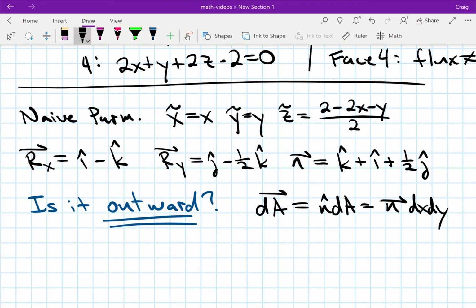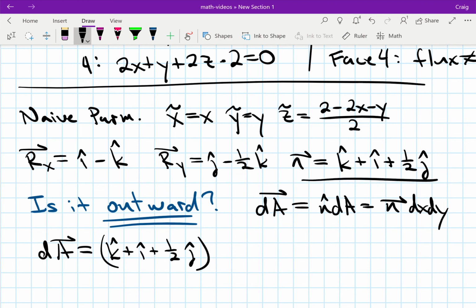Okay, and so that's equal to our area element, dA, is equal to k hat plus i hat plus 1/2 j hat. I've just copied that down, and times dx dy.